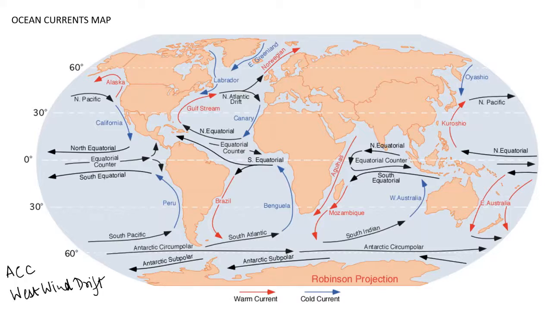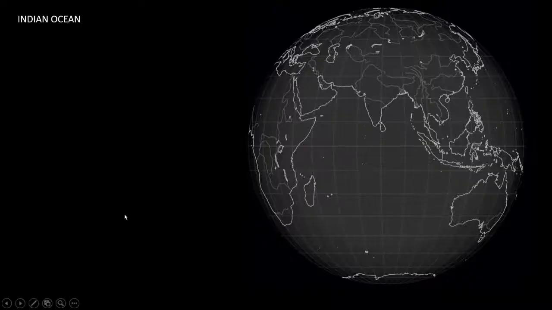You can understand that the direction of Antarctic Circumpolar current is from west towards east. It means that it is under the impact of the westerly winds. And this current circles the entire Antarctic continent.